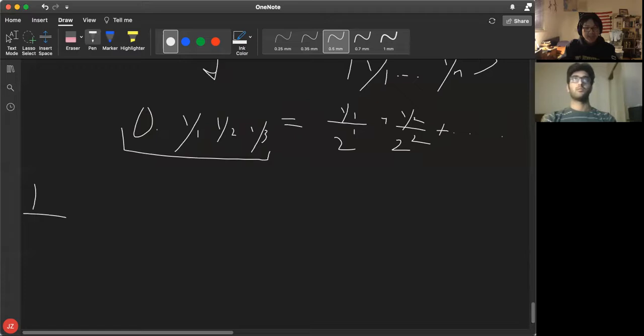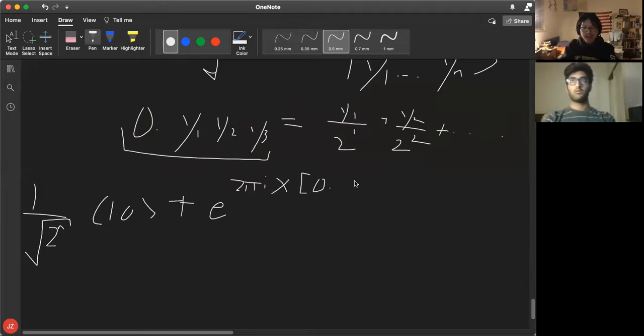But still 1 over the square root of 2 to the n. And let's see here. We still have our ket 0, and keeping in mind that we're still dealing with ket 1, and we're not going to rewrite another ket 0, excuse me, 2 to the pi x. So instead of having that y over 2 to the power of 1 that we saw last time, now we write it as 0 dot y sub 1.